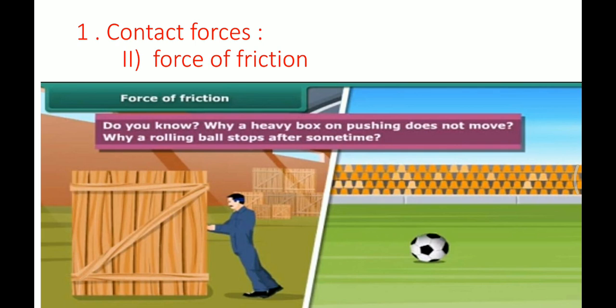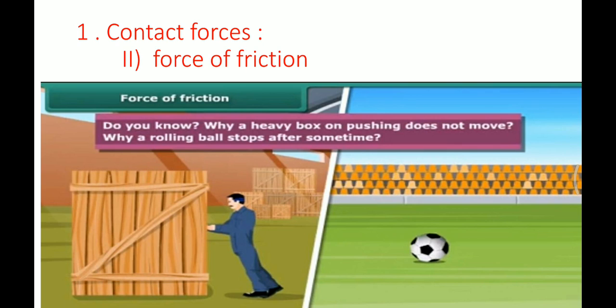Now the other force is the force of friction. Do you know why a heavy box on pushing does not move? Why does a rolling ball stop after some time? Because when you roll a ball on the ground, it slows down after some time.